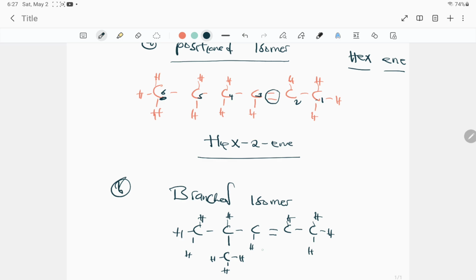All right, so if you look at this, we have this branch. The name of this branch, remember, is called the methyl. It's a methyl.